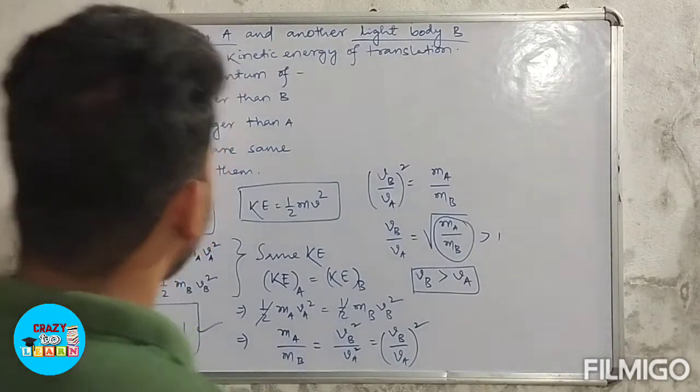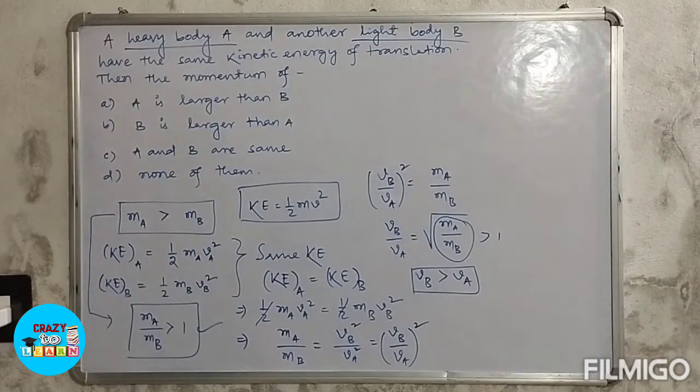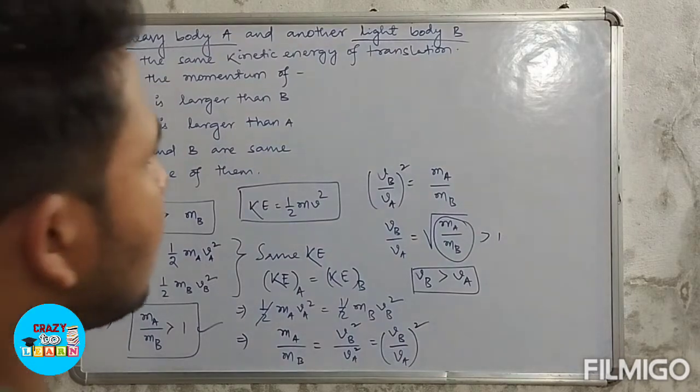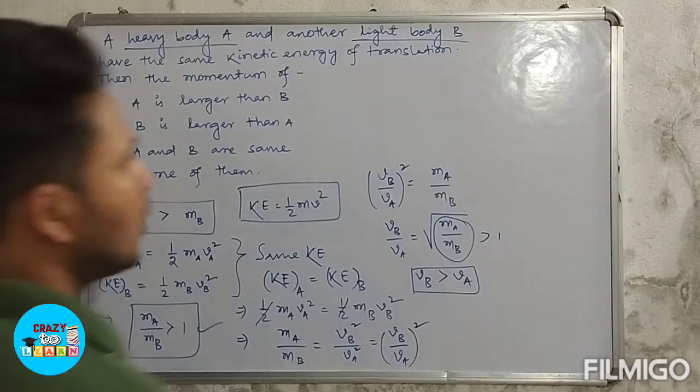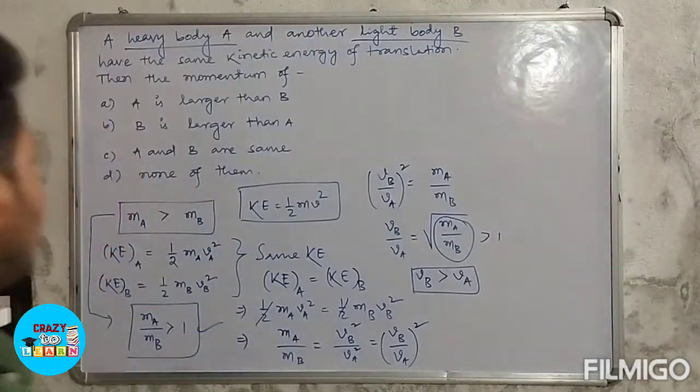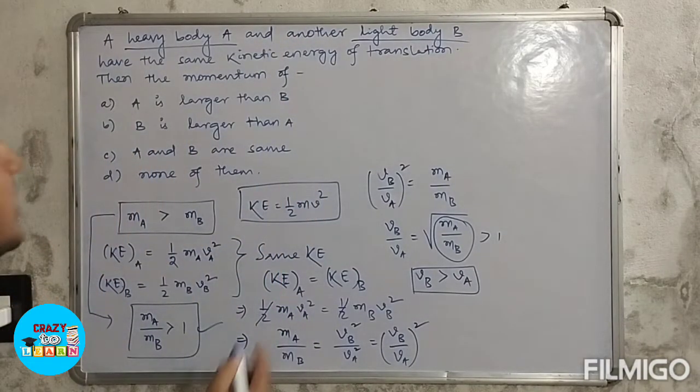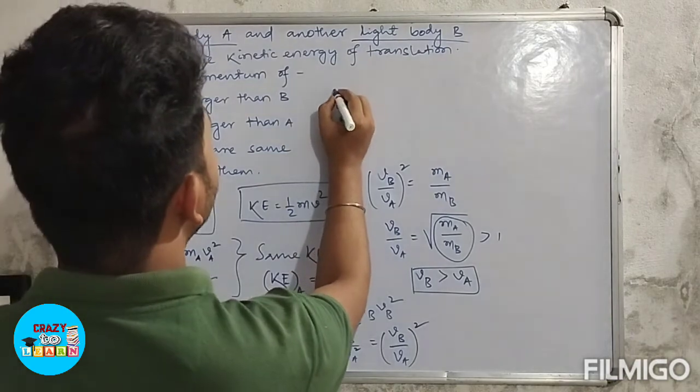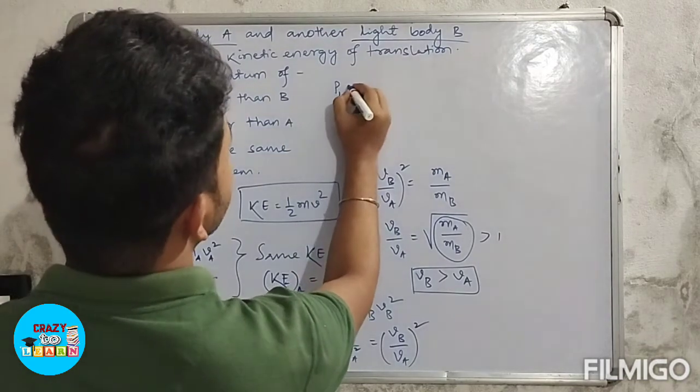Now we will go for the momentum for both cases. What is the relation of momentum? Let the momentum of the fast body be P1.